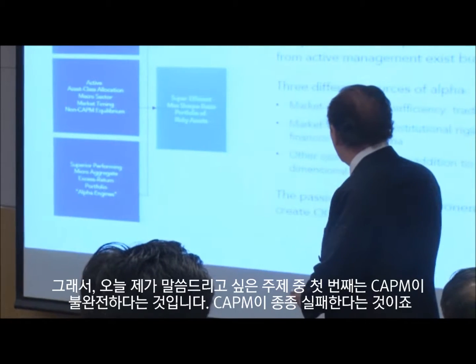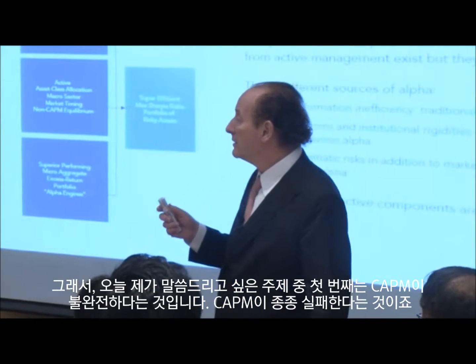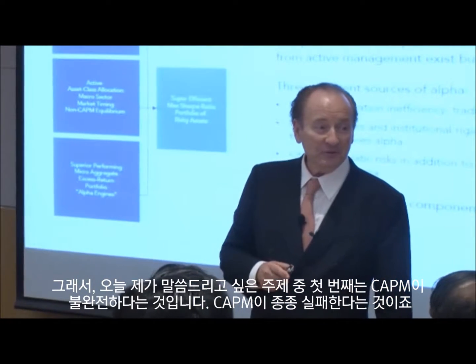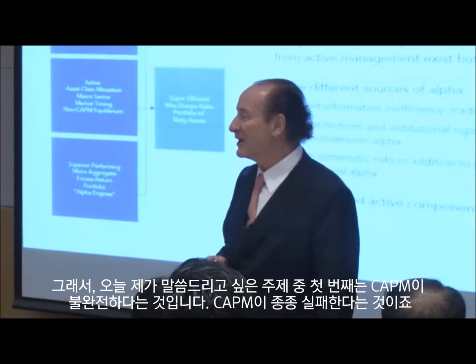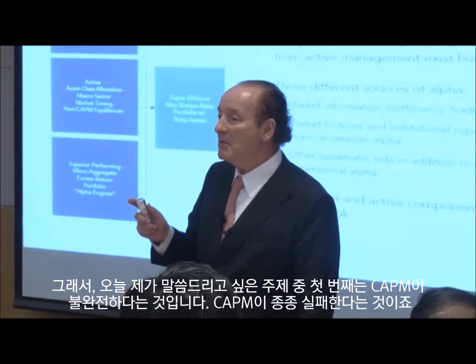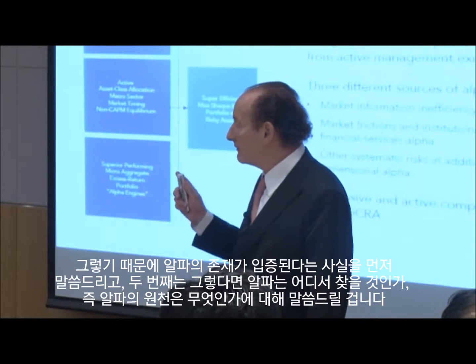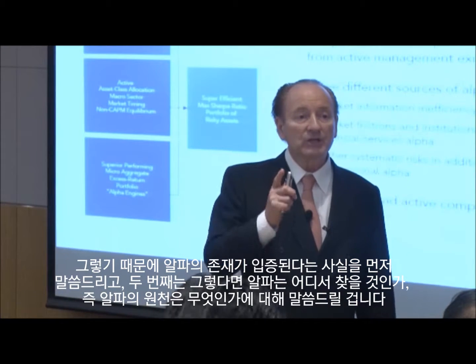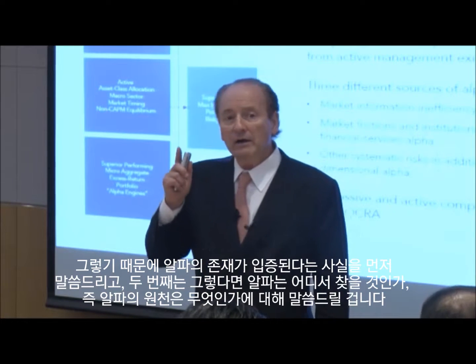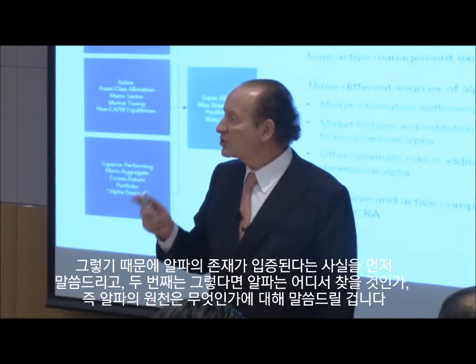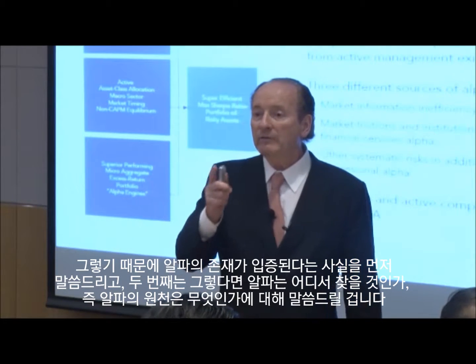So my agenda will be, one, to make the case very briefly, because I don't think I have to spend too much time on it, that the CAPM is not good enough. It fails. That means there's alpha. Then what I would turn my attention to is, where do we find alpha? What are the sources of alpha? Where do we find it?